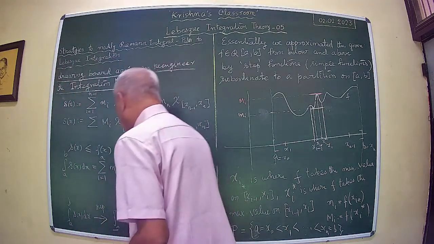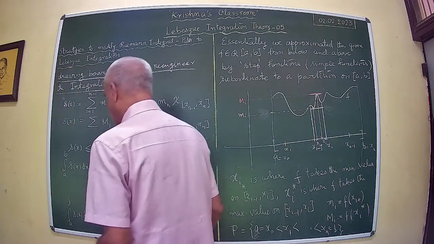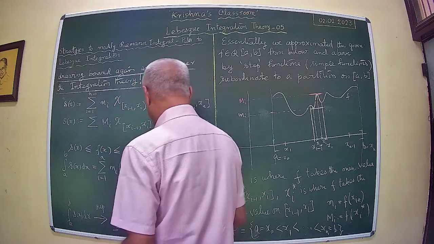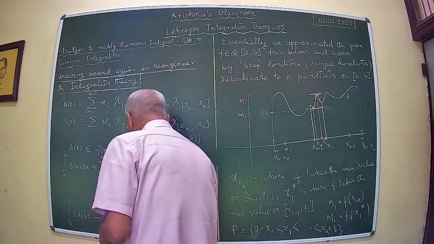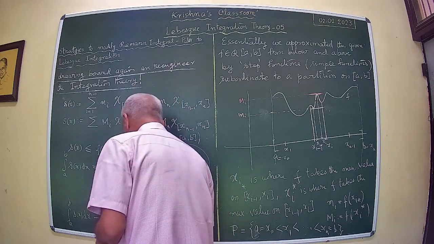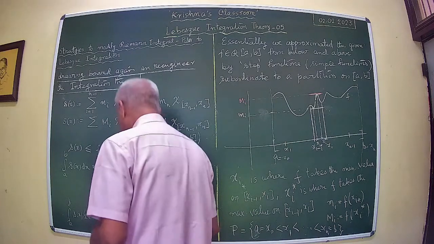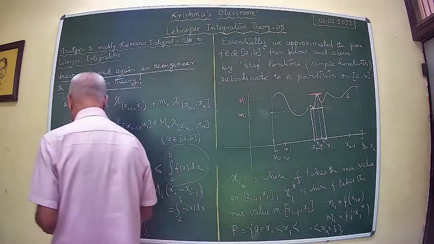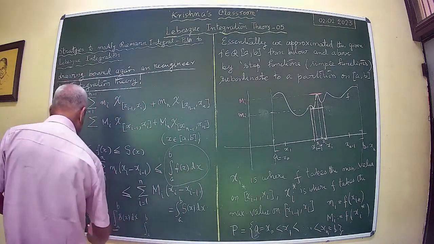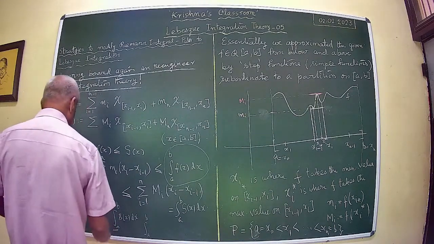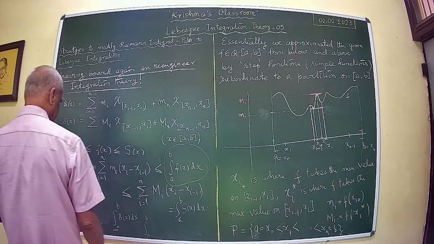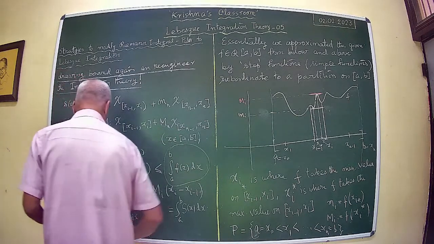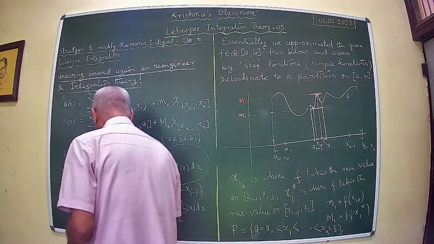And then similarly, by taking the infimum of upper integrals, you have the upper integral a to b. You can write this as, this is fx.